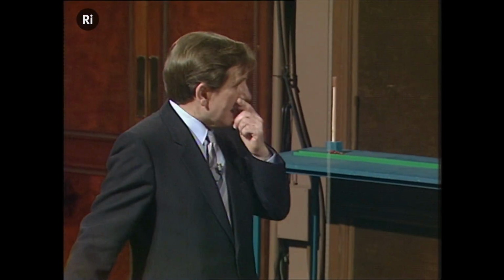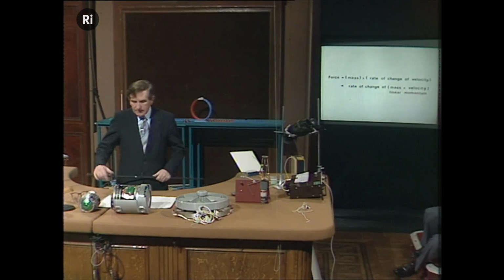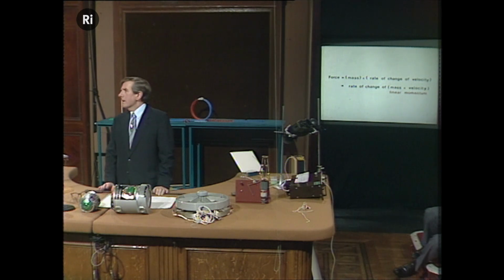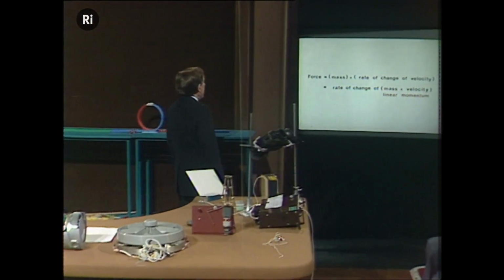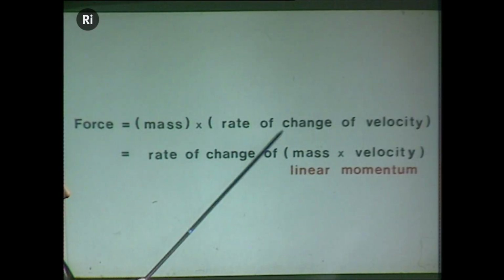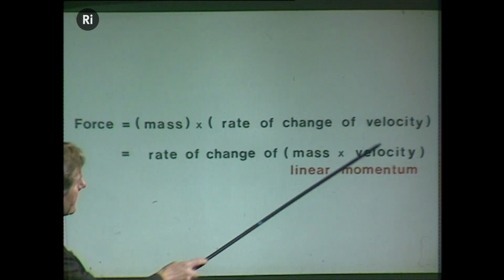Now, for our next experiments, we use Newton's law in a slightly different form, shown on the next picture, which applies to bodies whose mass may change. The way it was expressed beforehand is perfectly good, provided the mass remains constant. But if the mass varies, then we have to look to a different arrangement. The expression now is, instead of mass times acceleration, it's the rate of change of mass times velocity, the product.